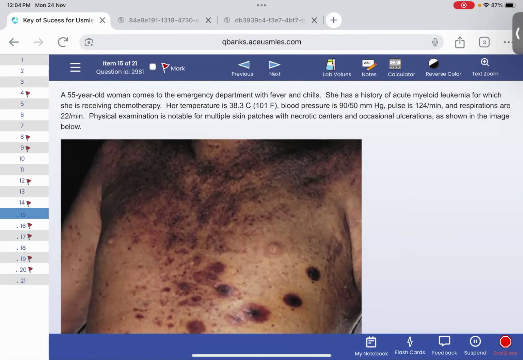A 55-year-old woman comes to the emergency department with fever and chills. She has a history of acute myeloid leukemia for which she is receiving chemotherapy. Her temperature is 38.3 centigrade, blood pressure is 90/50, pulse is 124, and respirations are 22. Physical examination is notable for multiple skin patches with necrotic centers and occasional ulceration as shown in the image below.